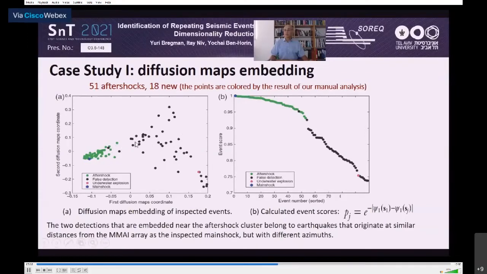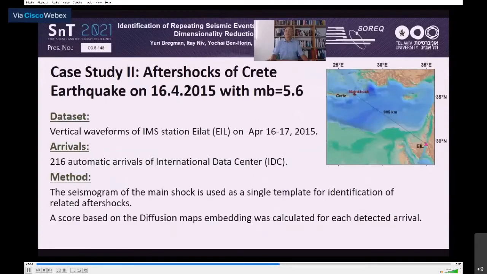The next example is aftershocks of Crete earthquakes, which were recorded at regional distance at the IMS station Eilat. For the data set, we used 2 days of recording, and we also used 2016 automatic arrivals of the IDC, which were included in the IDC arrival table at the external data set.